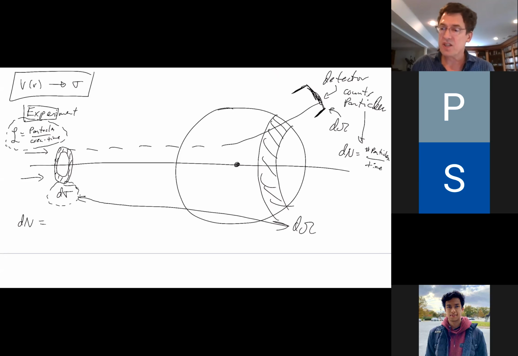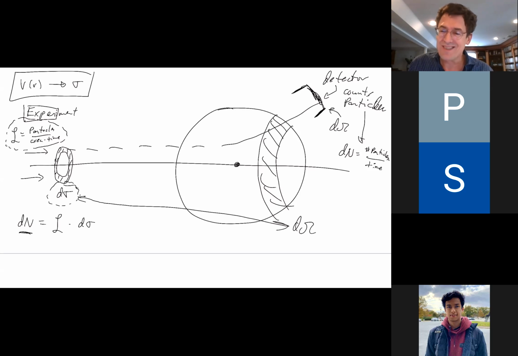What is the relationship between luminosity, d sigma, and dn, which is the number of particles per time that go into my detector? Somebody tell me. I want you to relate those things in your mind. It's like L times area. That's exactly right.